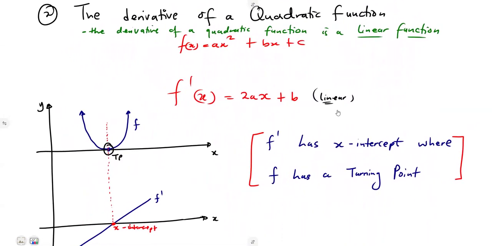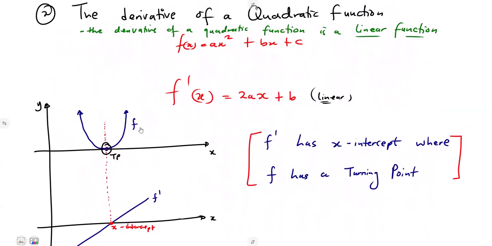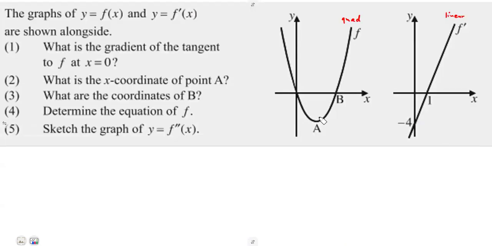So if I was to properly represent, what is important here is what? The turning point of the quadratic, which corresponds to the x-intercept. The turning point of the quadratic which corresponds to the what? To the x-intercept.